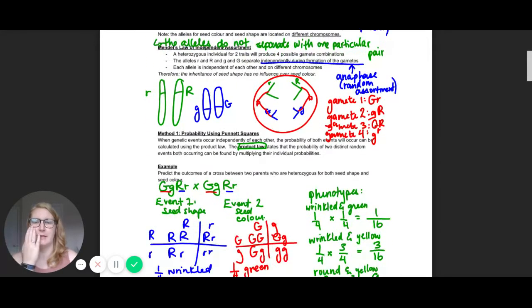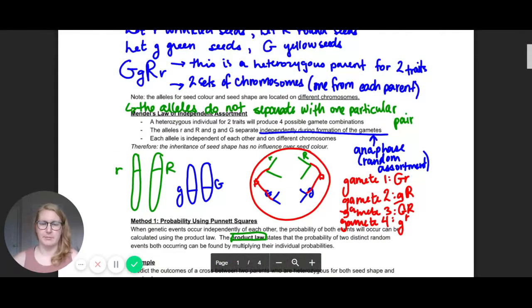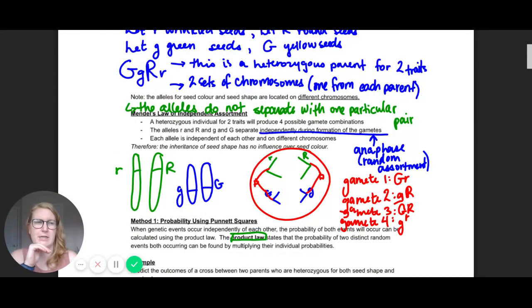What I'm going to show you in this part, Mendel's law of independent assortment, it's going to go back to something we discussed in meiosis, which is independent assortment, also called random assortment. So what we see happen here is that the heterozygous individual is going to produce 4 unique gametes, okay, 4 different gamete combinations.